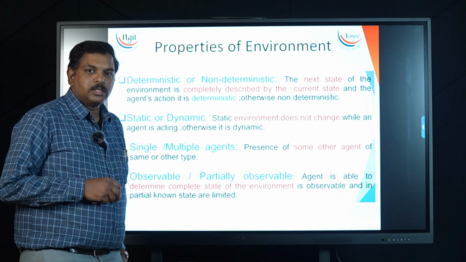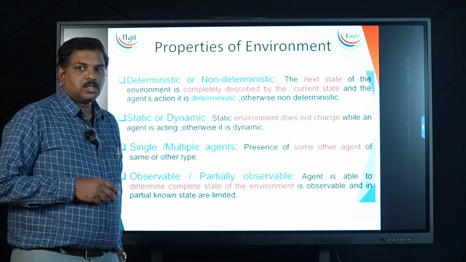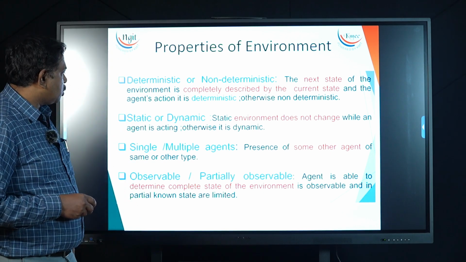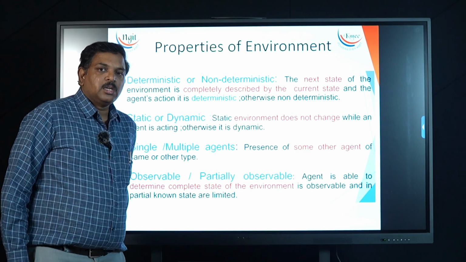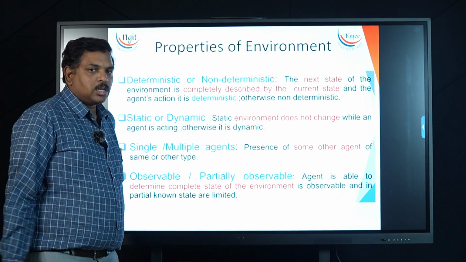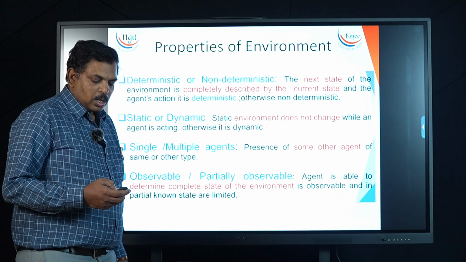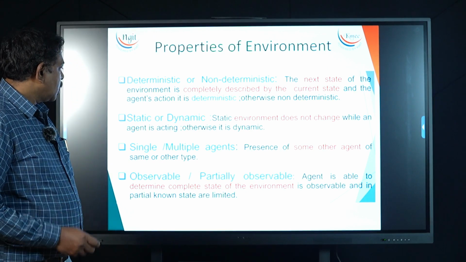Multi-agent environments, for example self-driving cars: one agent is driving, another car also has another agent driving. When they are both coming from two different directions, we have to decide that the environment comes under a multi-agent environment. So the environment decides how many agents will work in that environment.